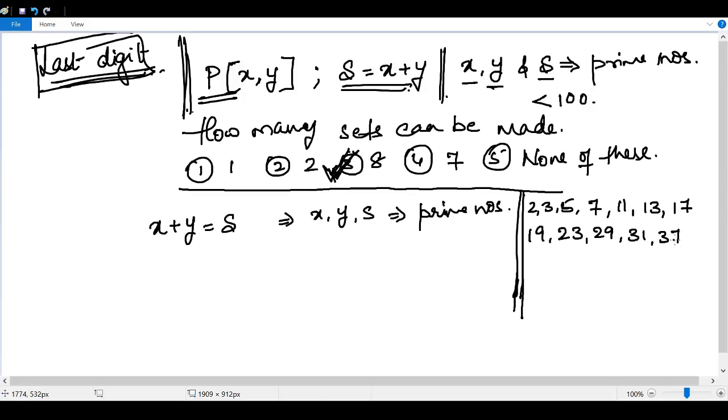When we listed down the prime numbers, all the prime numbers listed were odd except 2.